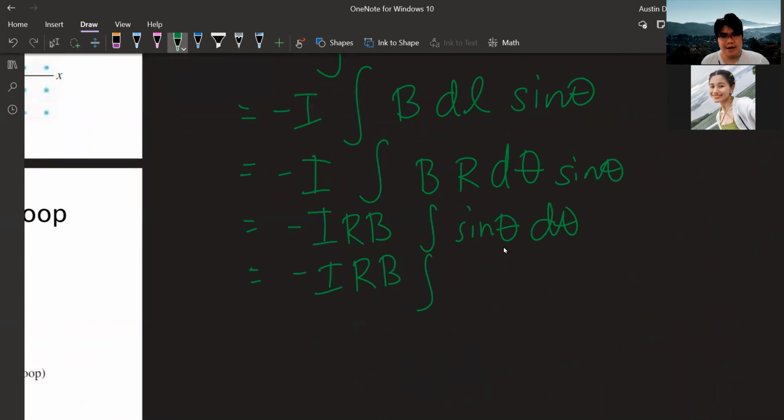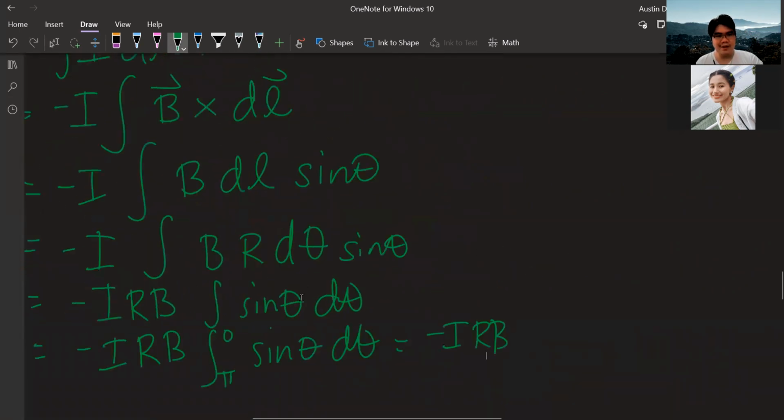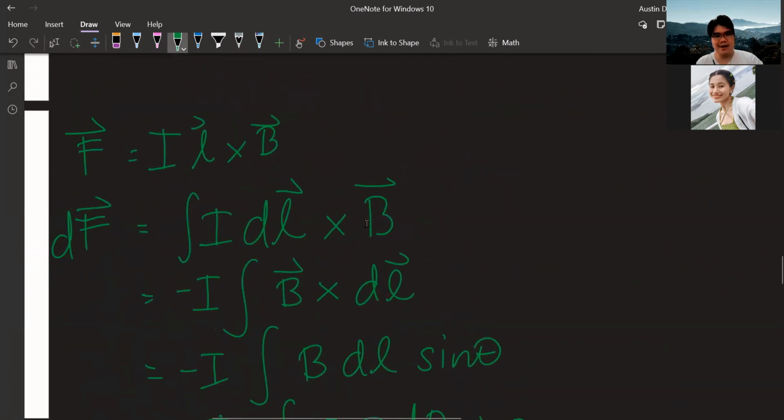Okay, going back, papapalitin mo, pi to 0 dapat ito. Dahil binaliktad natin yung path. Sin theta d theta. And this is just negative IRB.